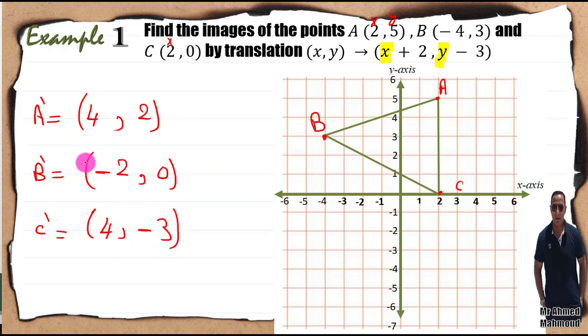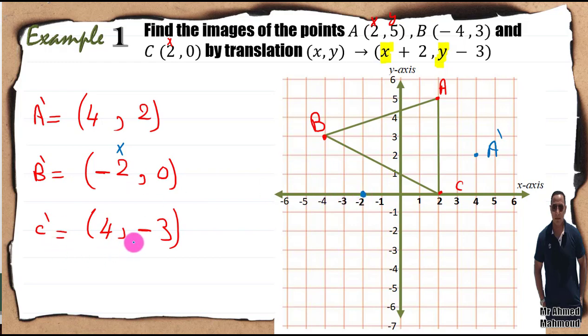Okay, now I'm going to join the 3 points. A dash is 4 and 2, here. B dash is negative 2 and 0. Negative 2 is x, so this belongs to the x axis, here in this position.